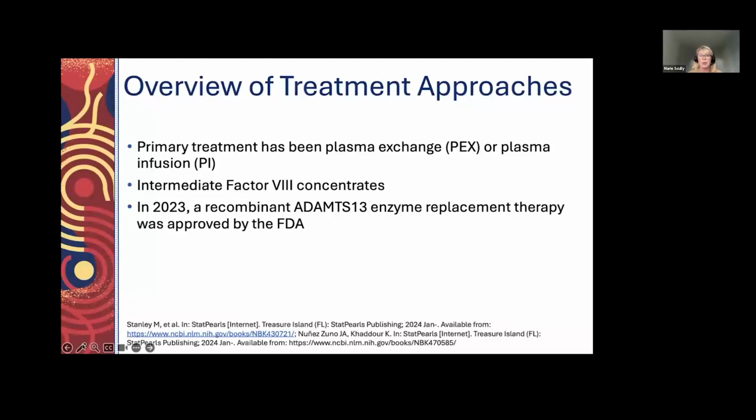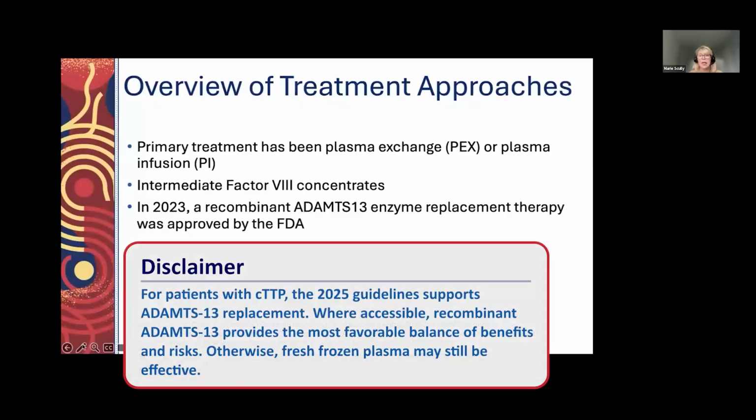So as an overview, we have three main therapies. One includes plasma therapy, either plasma exchange during acute TTP episodes or plasma infusion, which can treat acute episodes once we know that patients have congenital TTP. Two, we have intermediate factor VIII concentrates.